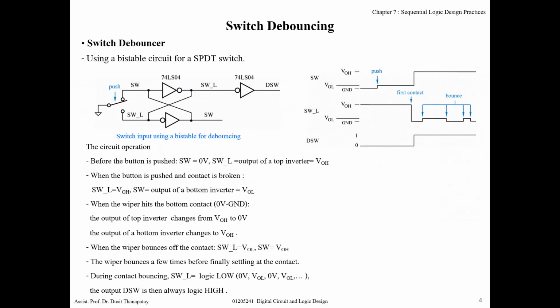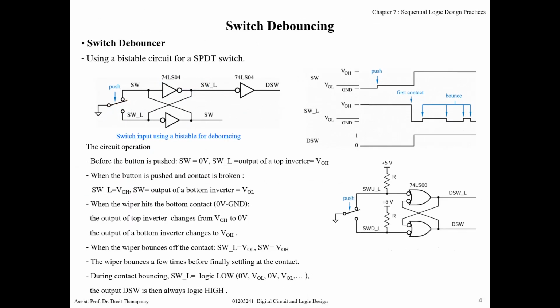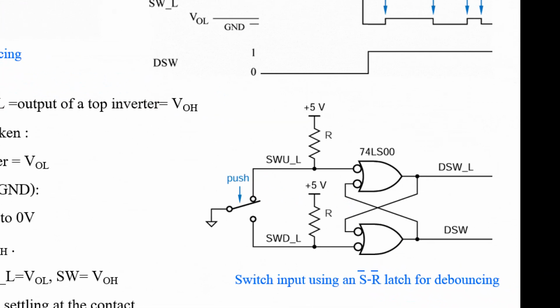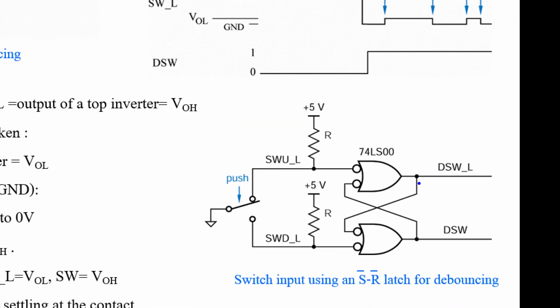So to prevent this problem, we may use an SR latch, namely with this one. When the switch is at this position, contact at this point is 0, right?